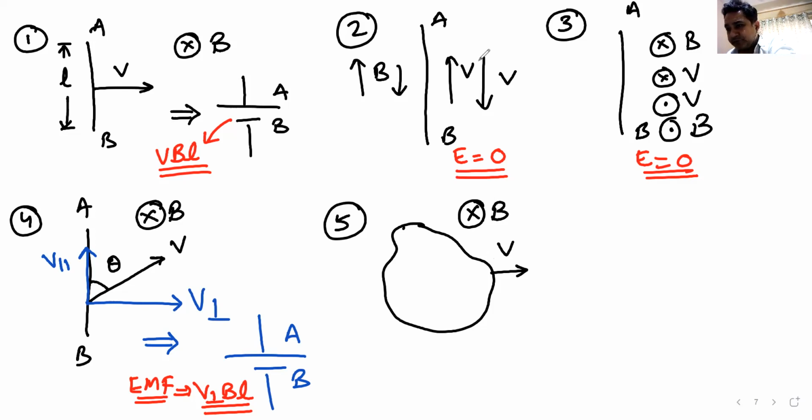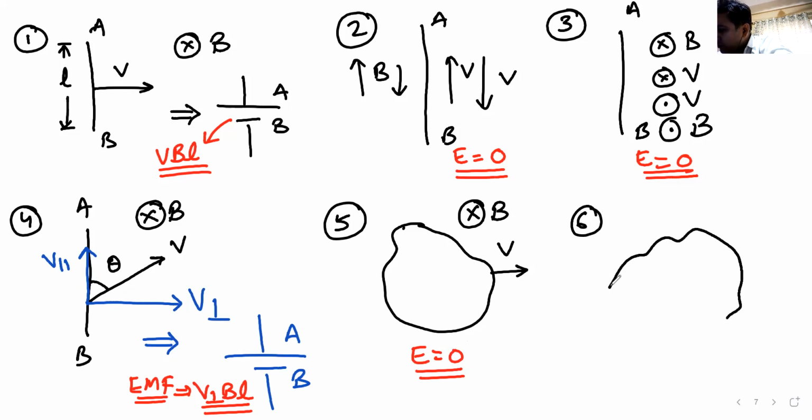All these cases are going to cover almost 95-98% of the questions that can come in the examination, which is based on uniform fields. If it's a non-uniform field, then the answers are different. Sir, 0. Why is it 0? Area is constant. No change in flux. Well done.